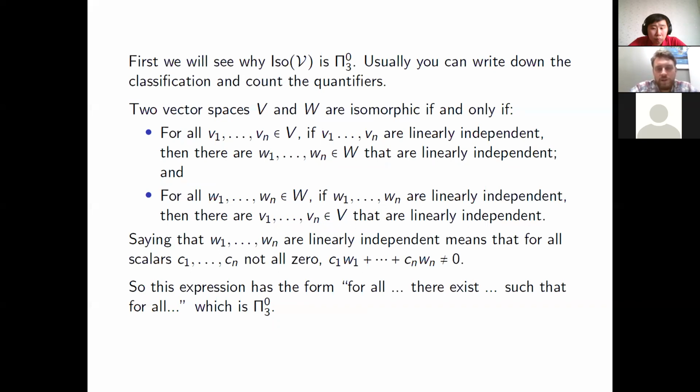This is saying the dimension of V is less than or equal to the dimension of W, and vice versa, the dimension of W is less than or equal to the dimension of V. And then we have to count quantifiers. So it says for every V, there exists W. And then what does it actually mean to be linearly independent? It means that for all scalars C. So it's for all V, there exists W, for all C, which is basically what it means to be pi3. So the complexity of the definition means that the isomorphism problem is pi3.